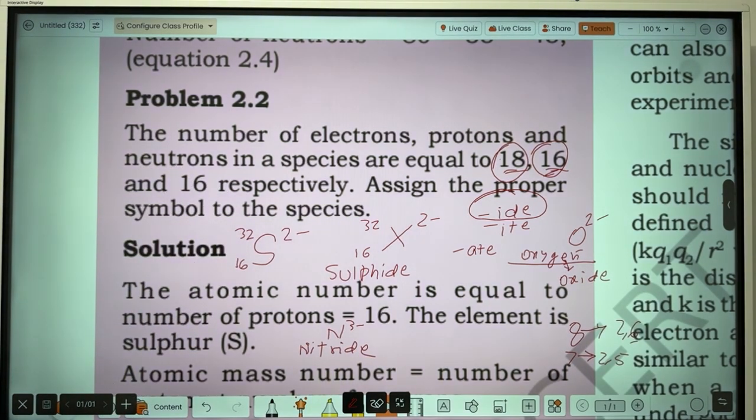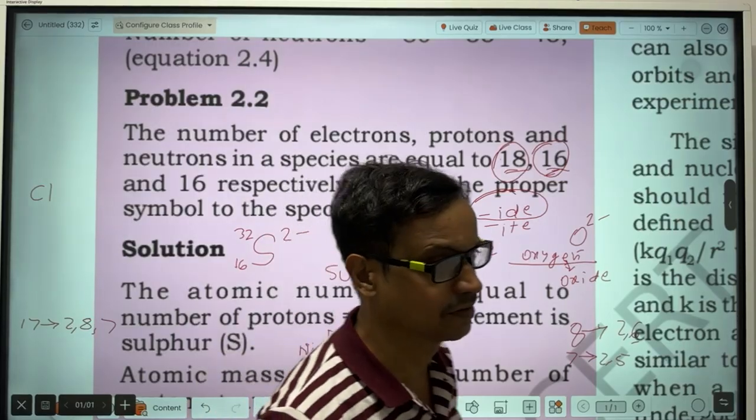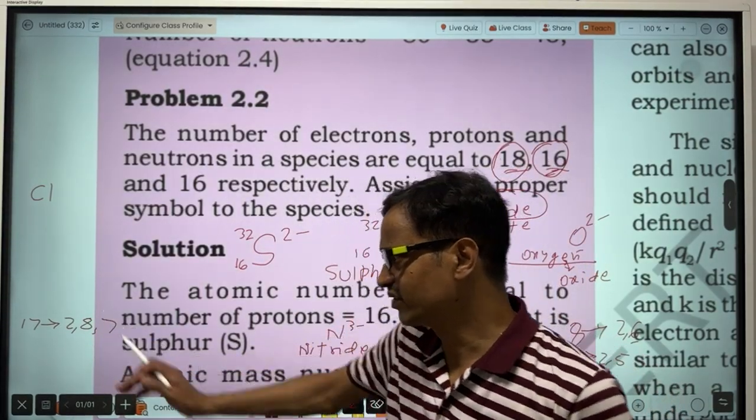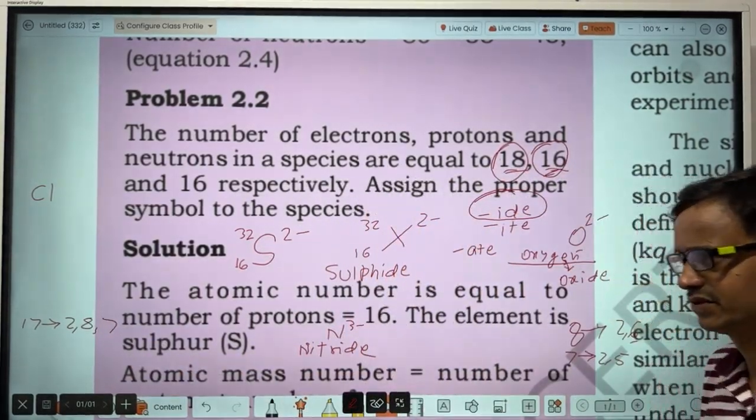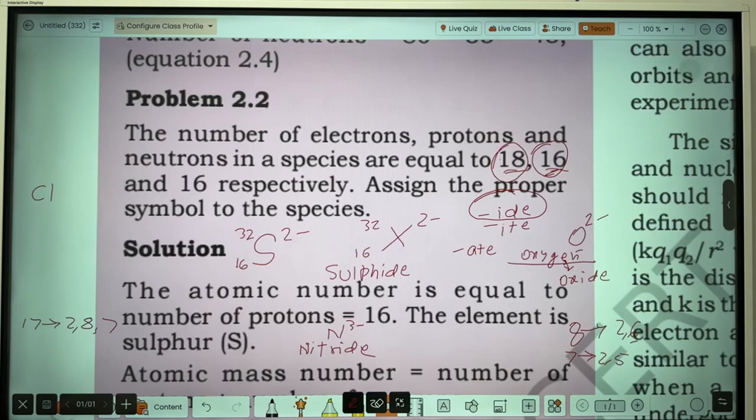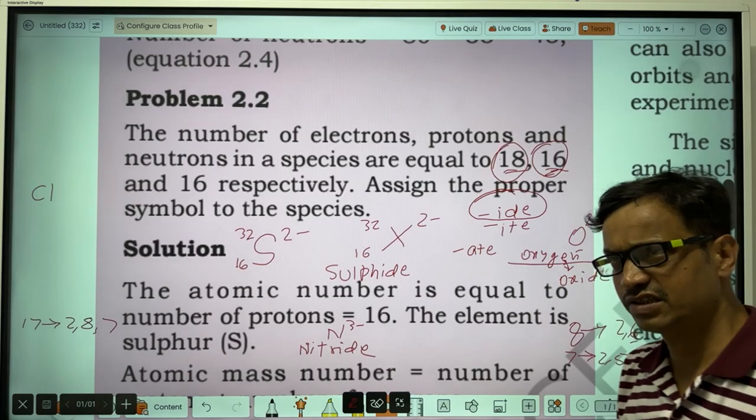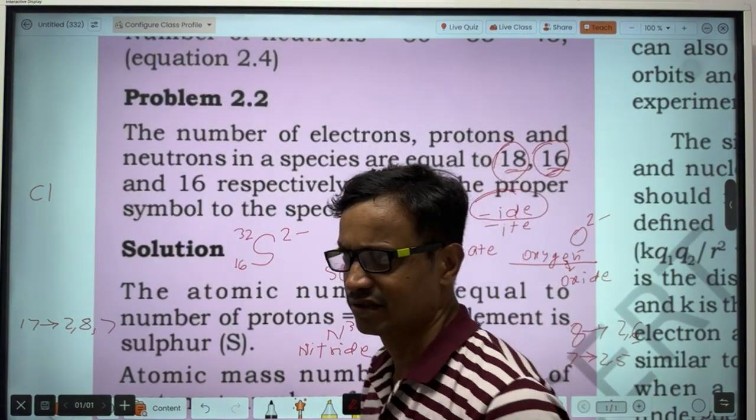In the same way, chlorine: atomic number is 17, so electronic configuration is 2, 8 and 7. You already know about the electronic configuration; in the 10th class you studied this in detail. To acquire the octet, chlorine needs 1 electron.